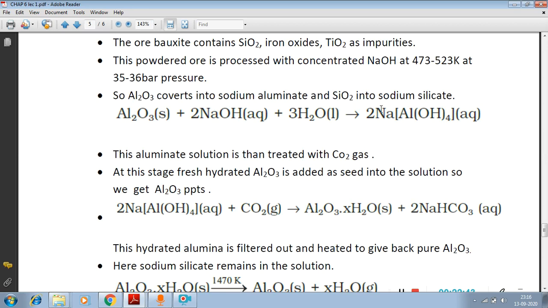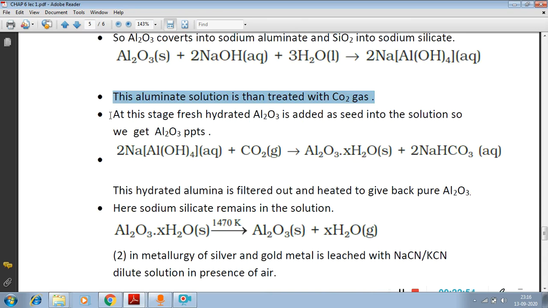Now after making this sodium aluminate, the solution is then treated with carbon dioxide gas. So what will it do? It will make a precipitate of Al2O3, hydrated alumina. Now it takes some more time to precipitate alumina. So to reduce the time, we are adding some freshly prepared hydrated Al2O3.